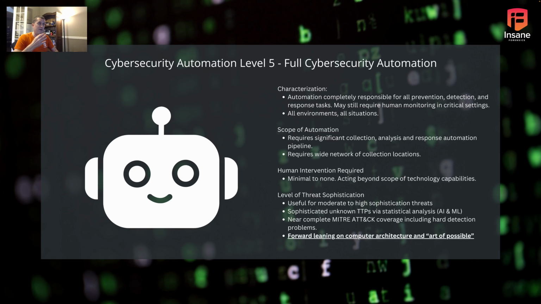When you get into level 5, again, the big differentiation here, this works in all environments and all situations. And what I added to the bottom, forward leaning on computer architecture and art if possible, right? So there's only so many ways to schedule tasks. There's only so many ways in operating systems to do things, right? And at this level, we don't just want to train it on how to do forensics as we as humans do forensics.